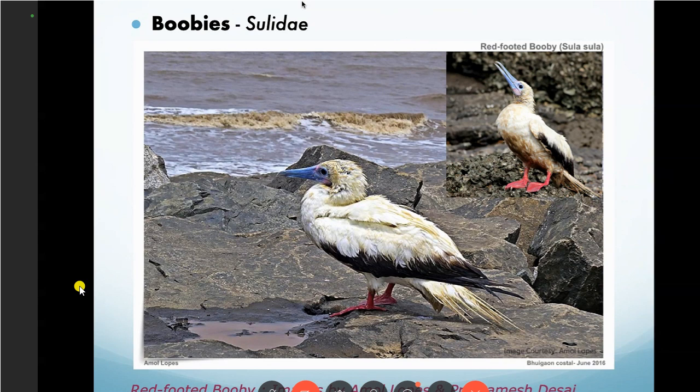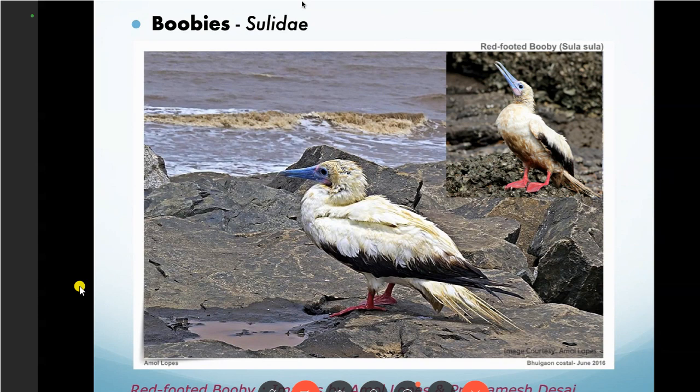If you see this particular bird over here, you can see the feathers are ruffled, and it's not in great shape. This bird had actually come for rescue, but sadly, it didn't make it. I've put a date over here, which was found in the month of June 2016. Just when the southwest monsoon winds are coming and the rains are approaching, a lot of these birds come in because of the storms, and they get stranded, they get pushed inland.